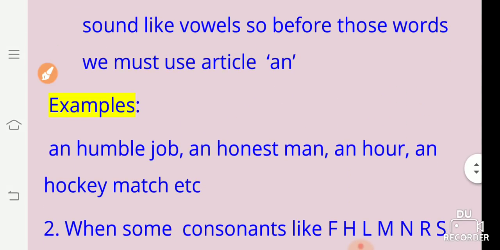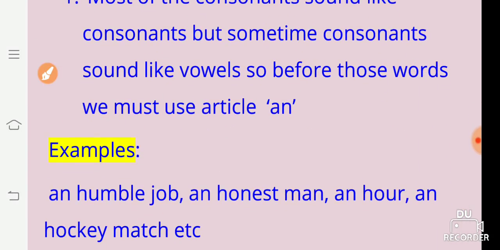See here. Look at this word, friends. Humble. Humble job. H is a consonant. But when we use this H with this word, humble job, it sounds like a vowel. Humble, an A sound is produced here. Hence, we have to use an before this humble job. An humble job.